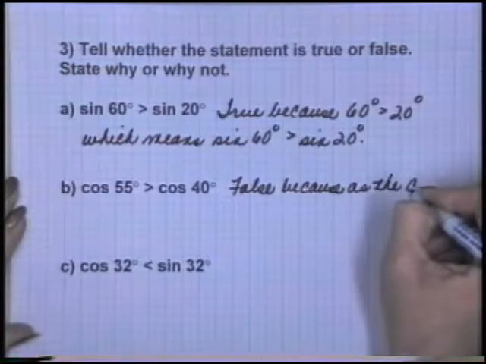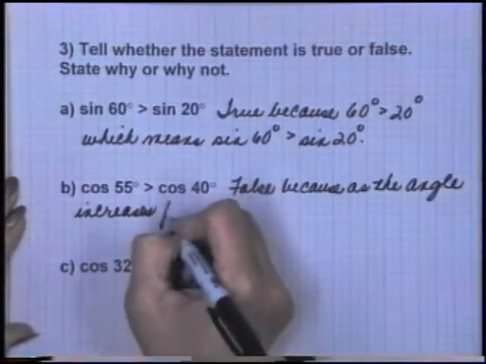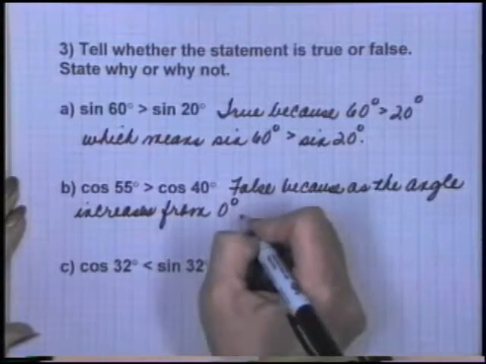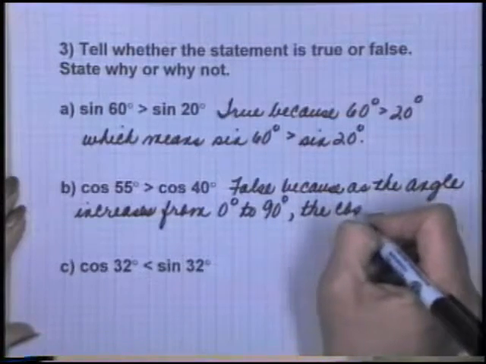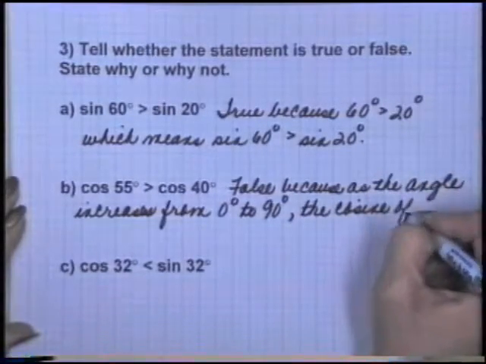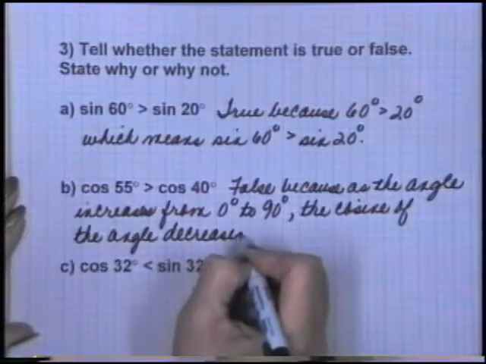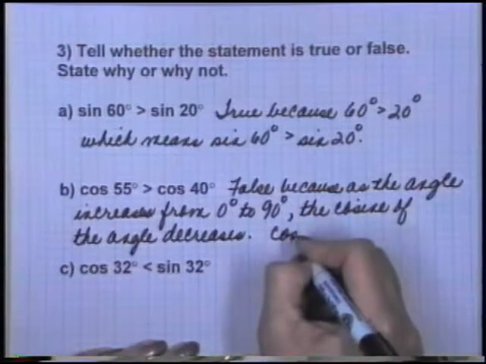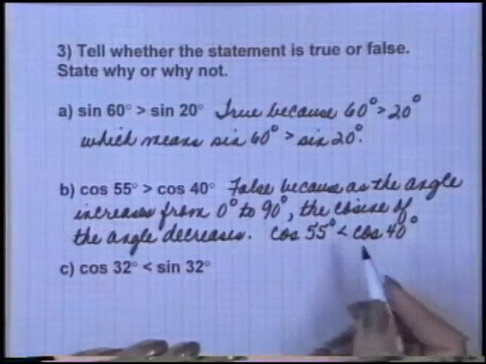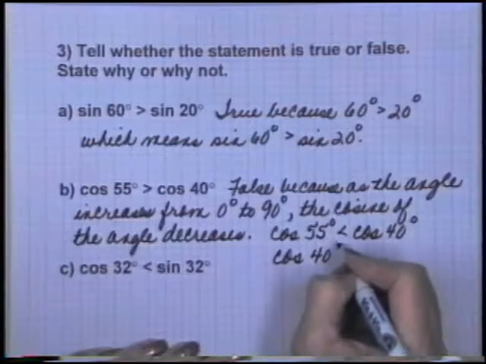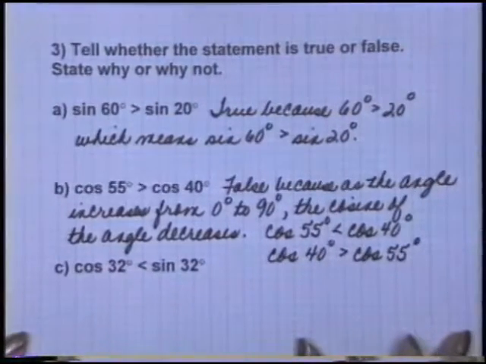because as the angle increases from 0 to 90 degrees, the cosine of the angle decreases, which means in this case that the cosine of 55 degrees is less than the cosine of 40 degrees, or of course another way to say that is the cosine of 40 degrees is greater than the cosine of 55 degrees.